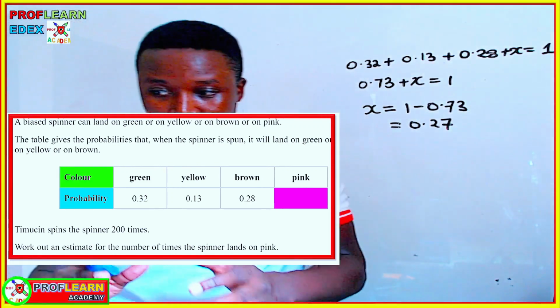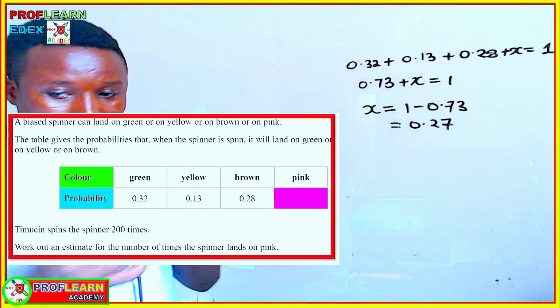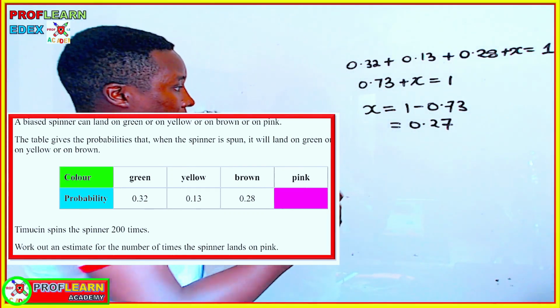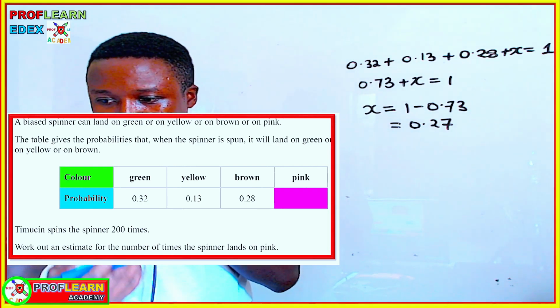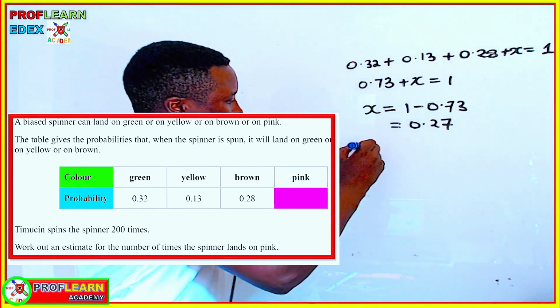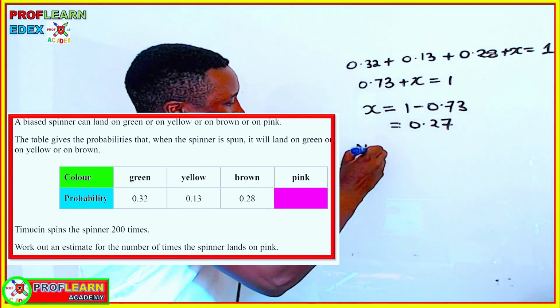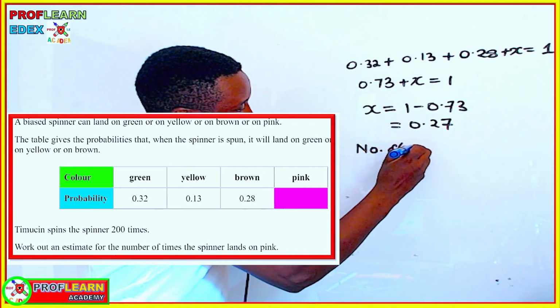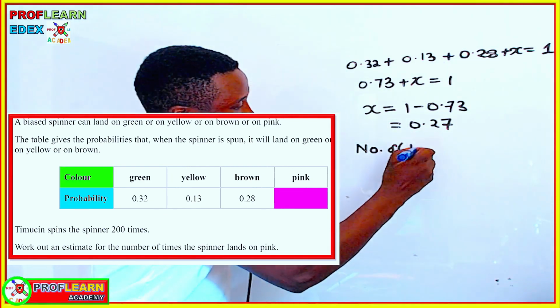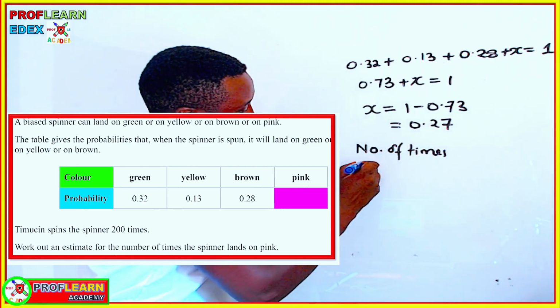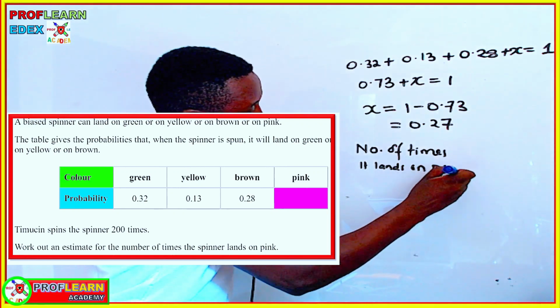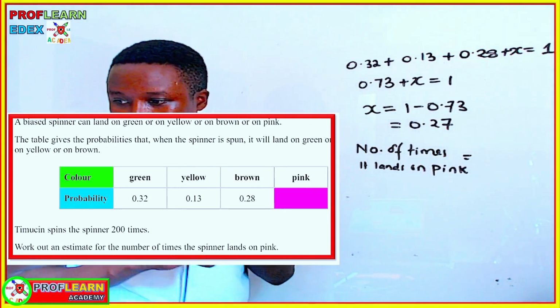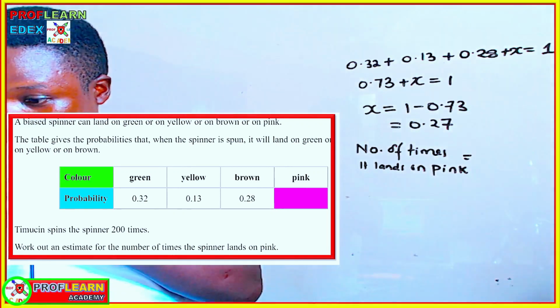So once we have this probability as 0.27, we were told that the spinner was spun 200 times. So how many times is it going to land on pink?